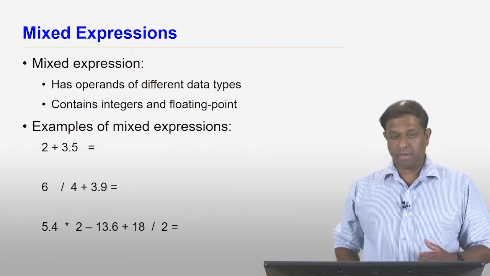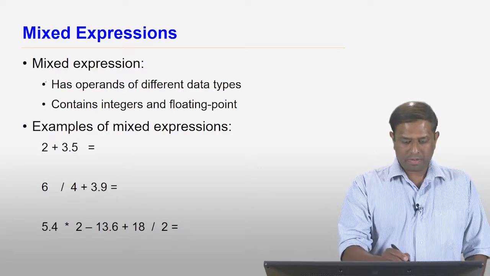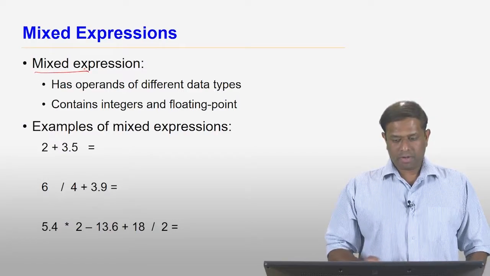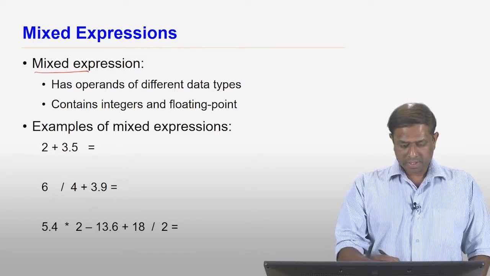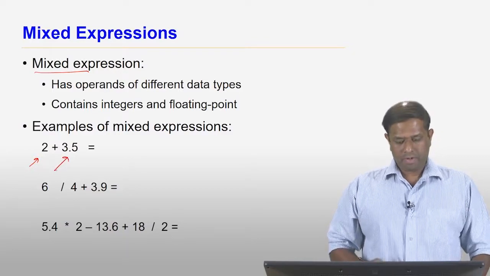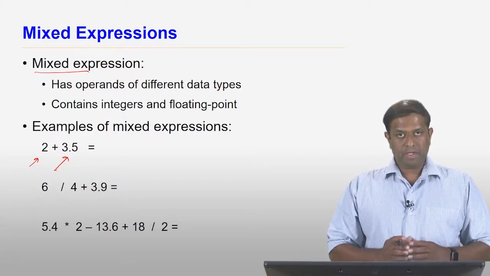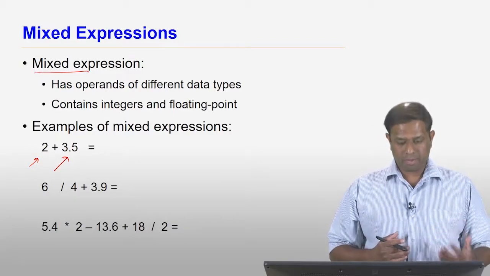Let's look at a couple of examples and see a mixed expression, that is, where we have more than one data type in the expression. In this scenario, we have an integer value and a double value. If we want to perform this operation, we need to think about how this data is represented in computer memory first.